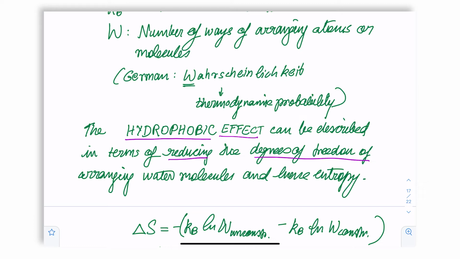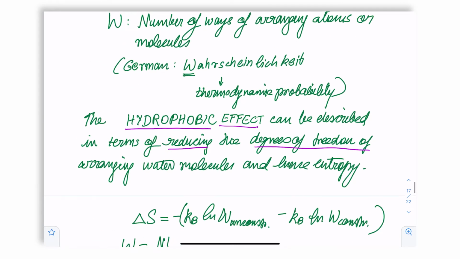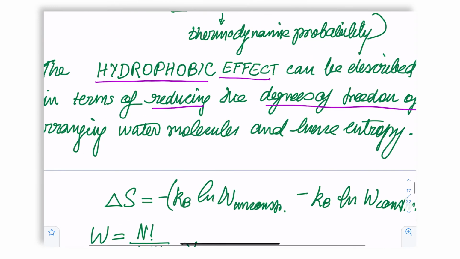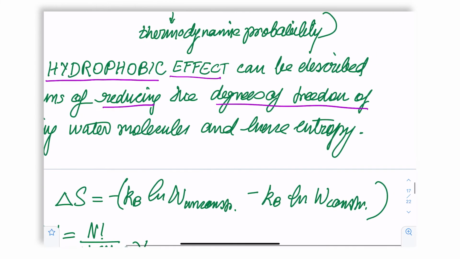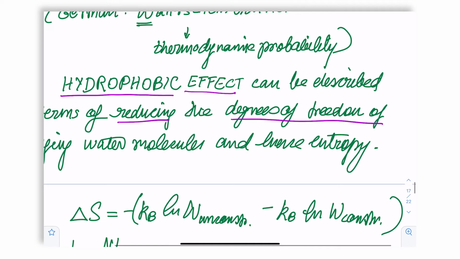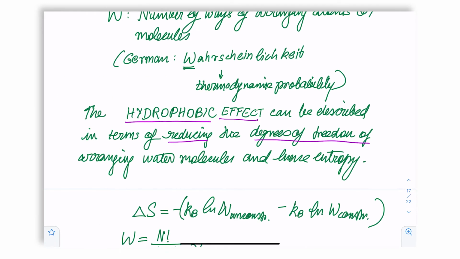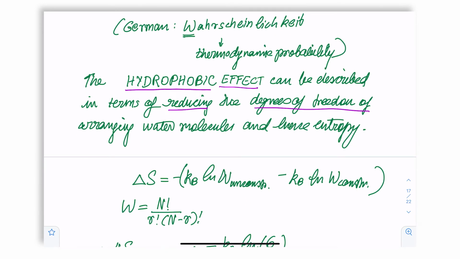So in a sense, we'll frame this as the change in entropy, delta S, is the negative difference between the unconstrained situation minus the constrained situation. Constrained being with the hydrophobic elements in them, the molecules in the lattice.